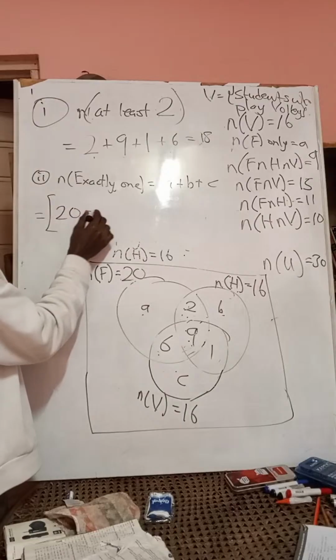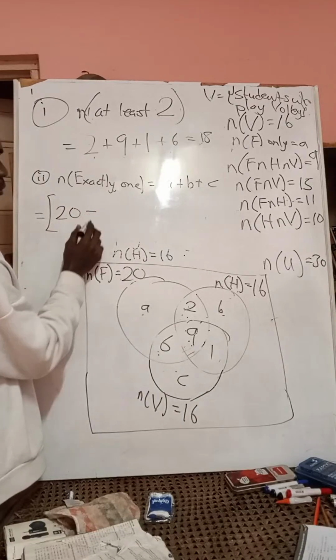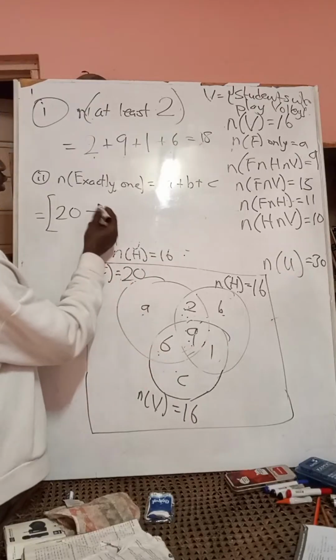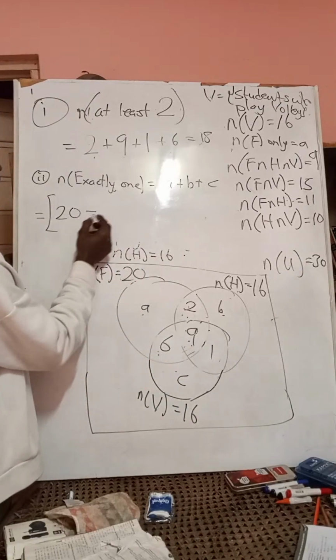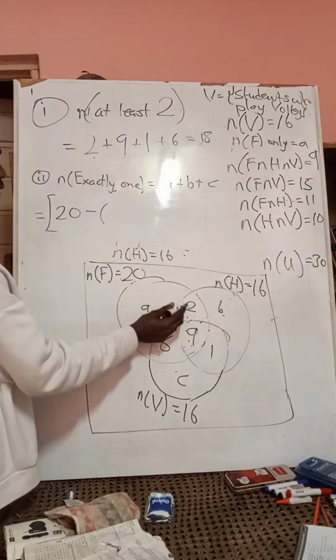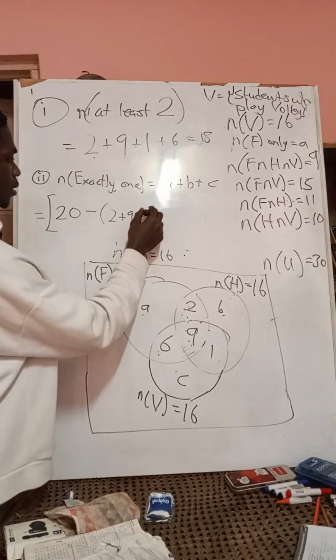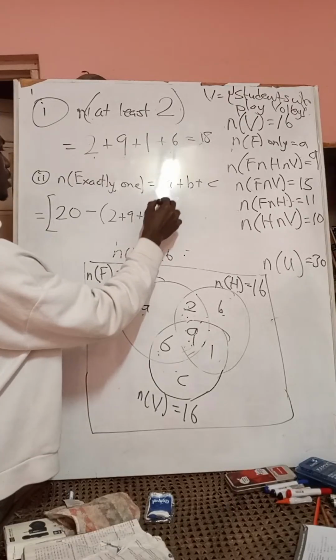So 20 minus 17. If you want to show more working, you can say 20 minus the bracket 2 plus 9 plus 6, closed.